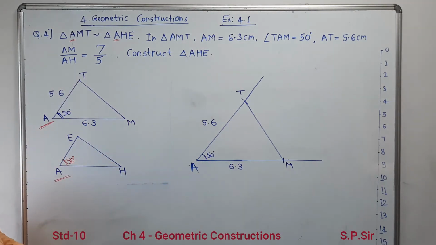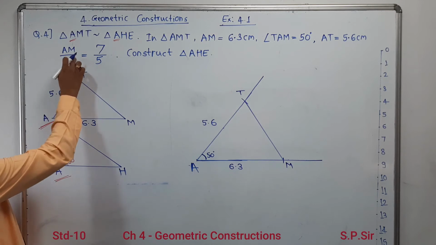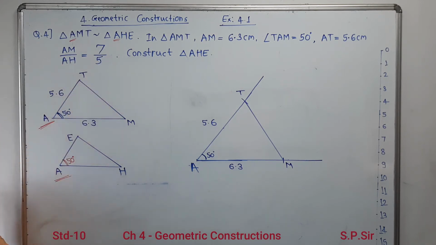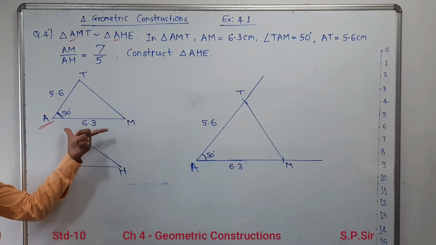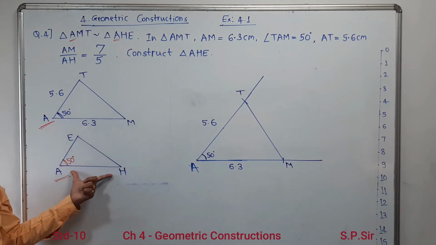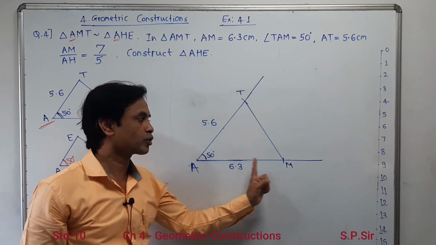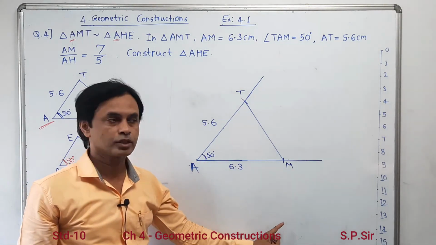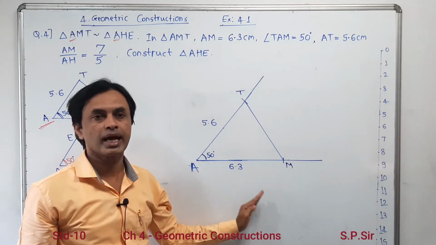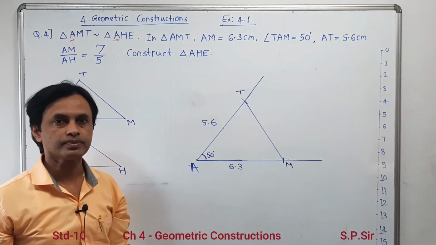Why? Because as per the condition, AM is to AH is 7 is to 5, which means when it is 7 times, it is 5 times. But in this case, you have to break AM into 7 parts, so that you can get the 7th position as well as the 5th position.